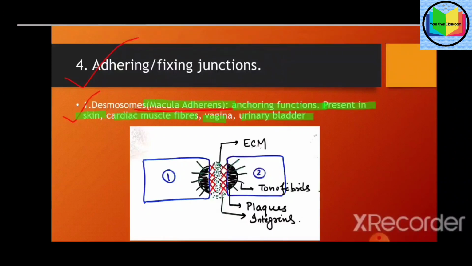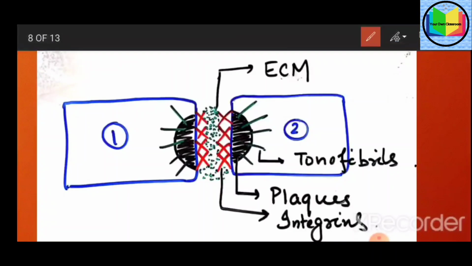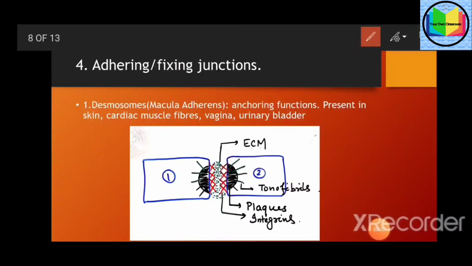If you look at this structure closely, you can find two protein plaques. These black structures are the protein plaques present on the cytoplasmic side of the two cells which are in contact. From these protein plaques arise microfilaments of keratin, which are referred to as tonofibrils.